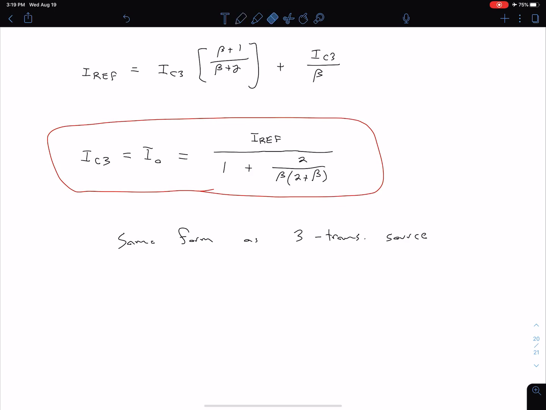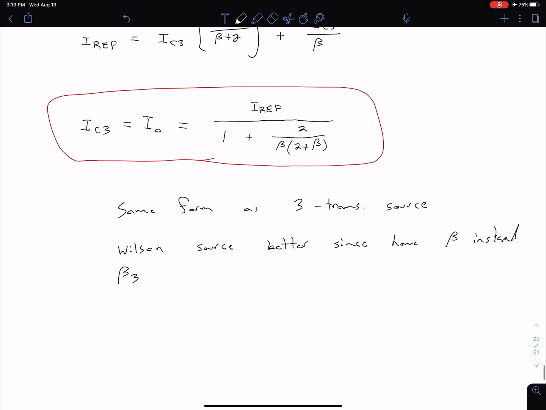But in this case, our Wilson source is actually a little better, since our beta is greater than beta 3. So since we have beta instead of beta 3, I should say, instead of having that special beta because we had a lower current level.